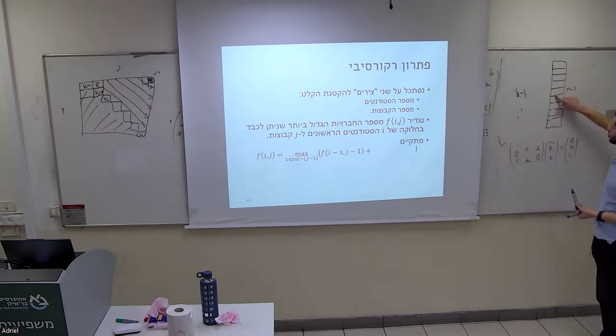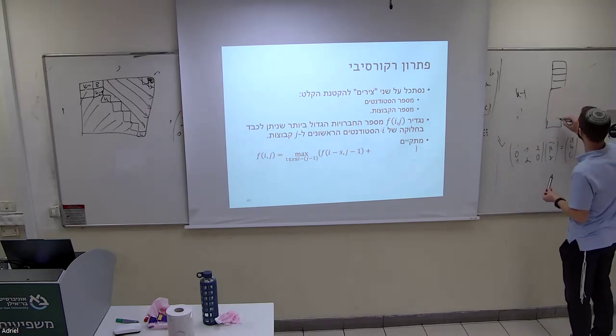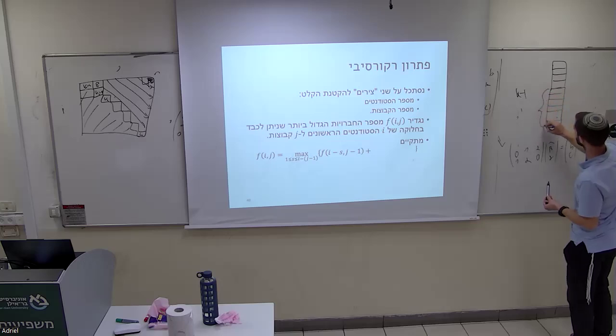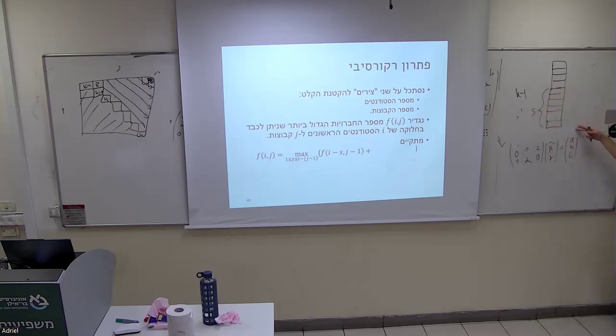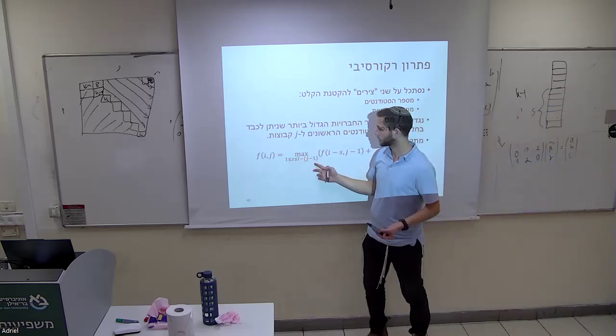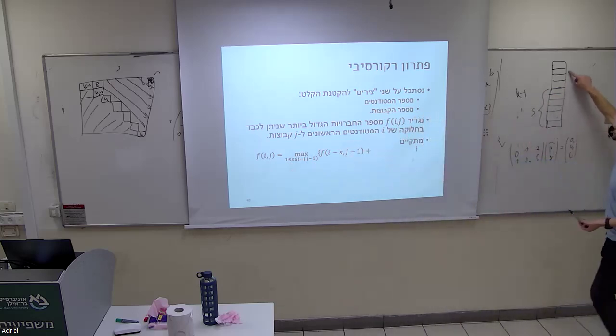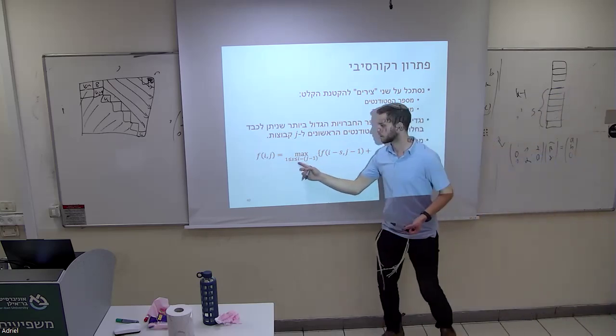Now we're talking about adding a certain number of students into this new class. s can only be at least 1, because we have to add at least 1 student. And at most i minus j minus 1, because j minus 1 is the number of classes we have to divide the rest of the students into, and each of these classes needs at least 1 student. So that's why we can't take more than this.